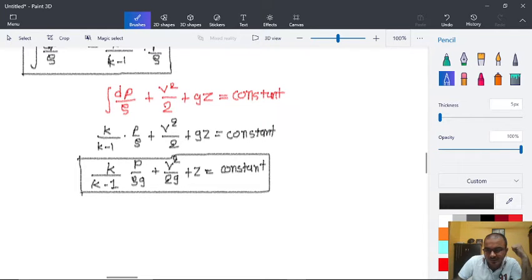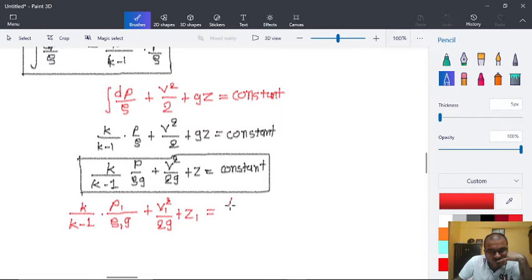So for 2 points we can say k upon k minus 1, p1 upon rho 1 g plus v1 square upon 2g plus z1 is equal to k upon k minus 1, p2 upon rho 2 g plus v2 square upon 2g plus z2.